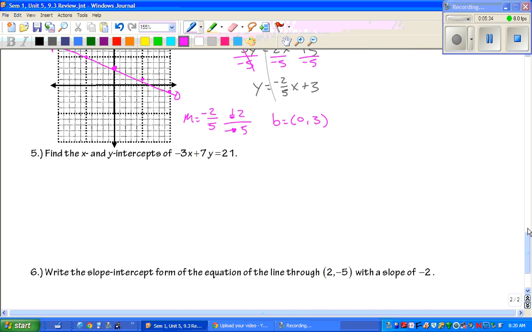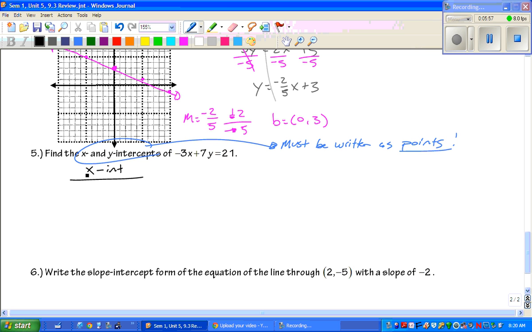All right, find the x and y intercepts, and something important about the x and y intercepts is that they must be written as points. All right, so remember we find the x-intercept, the negative 3x plus 7y equals 21, and then we also have to find the y-intercept, so we're doing each equation twice.